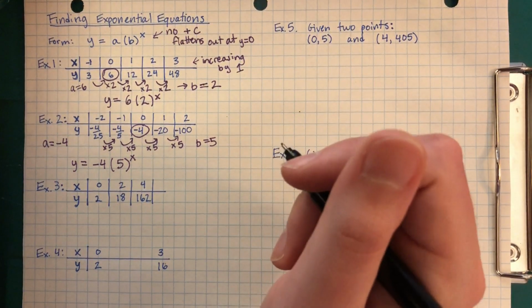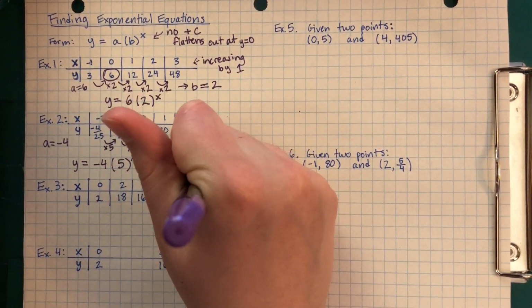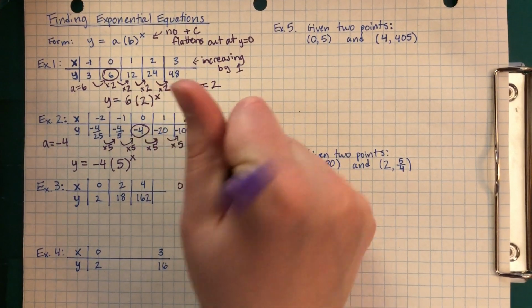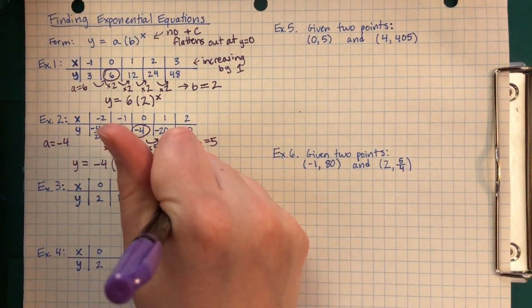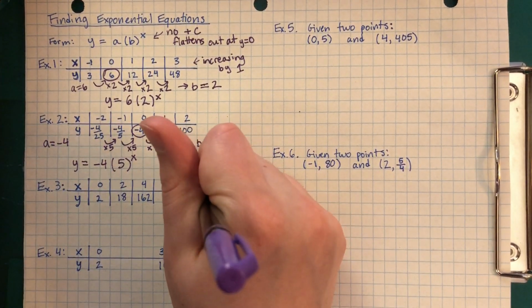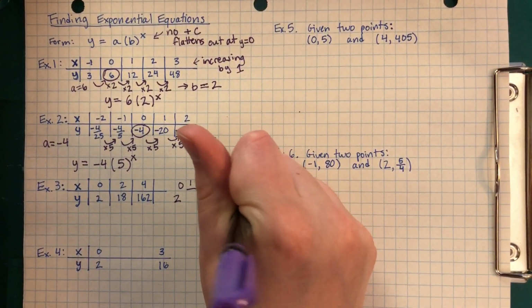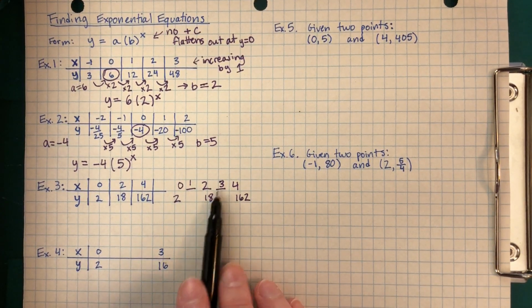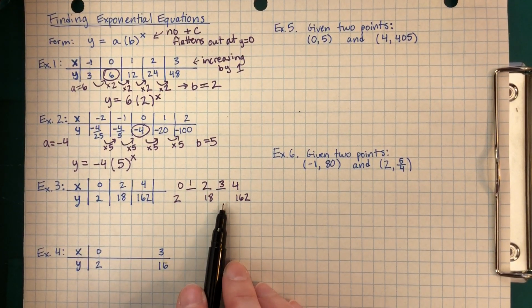So if you think about it, we could make a new table where we fill in those missing values. I know that 0 should have 2. I know that 2 should have 18. I know that 4 should have 162. I don't have these y values that go with x equals 1 or x equals 3.